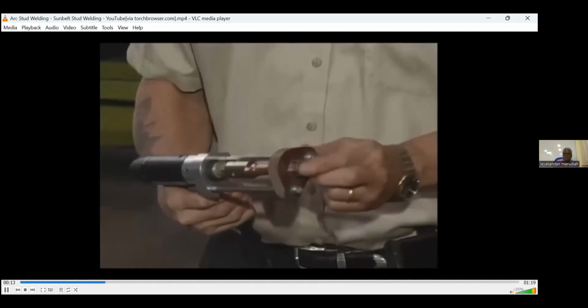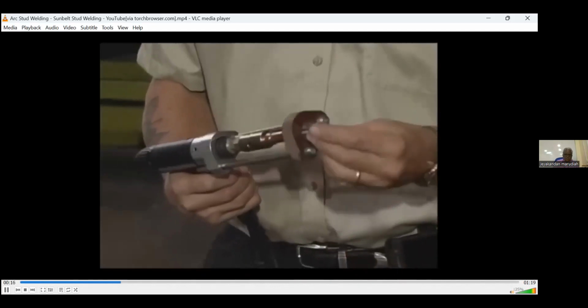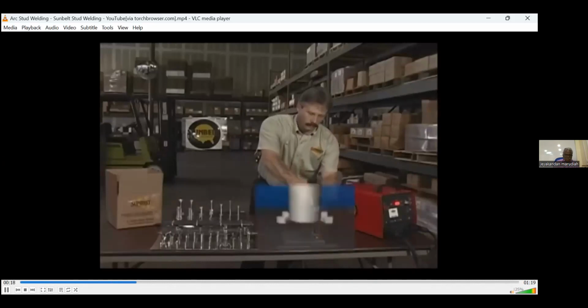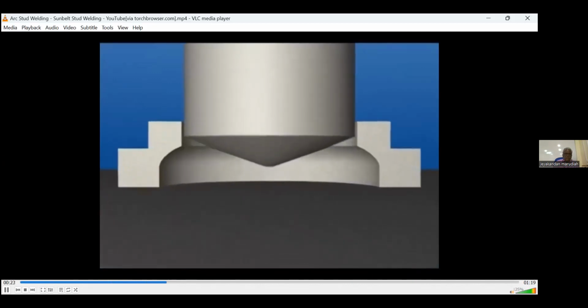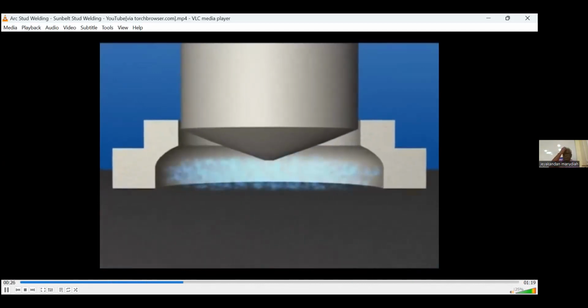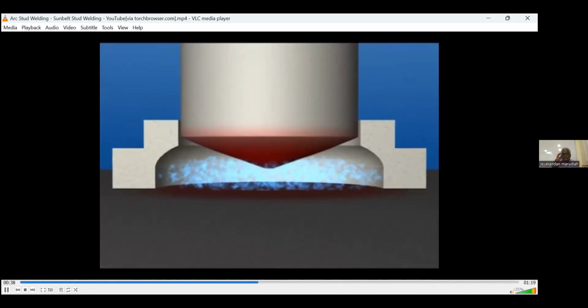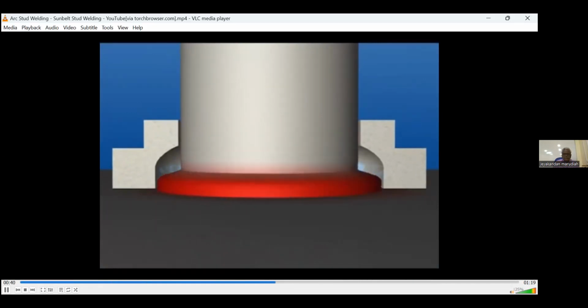A fastener and ceramic ferrule are loaded into the welding gun and firmly placed against the work surface under spring tension. Upon triggering, the welding gun automatically lifts the fastener from the base metal and initiates a controlled electric arc, which melts the end of the fastener and a portion of the base metal. At the precise moment the fastener and parent metal become molten, the fastener is automatically plunged into the work surface. The metal solidifies, creating a high-quality, full-penetration, cross-sectional weld in seconds.